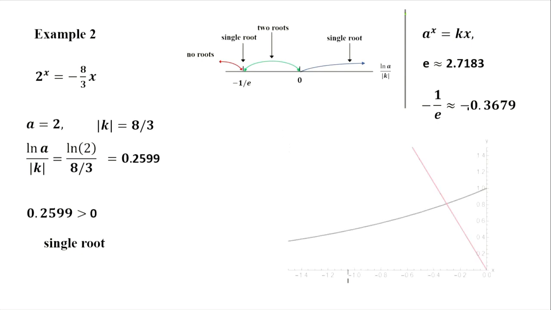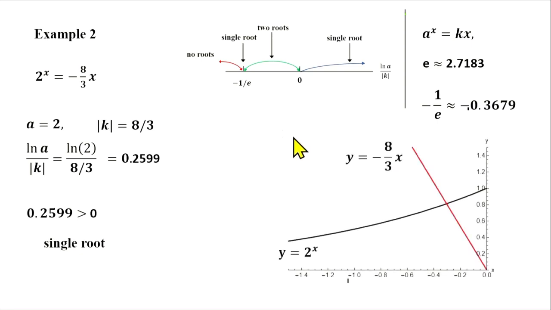Again, we call on the graphical method. Here are the left-hand side and right-hand side of this equation. The intersection point gives us the root, which is approximately equal to negative this number. In this case, after we found this root, we are sure that there are no other roots of this equation.